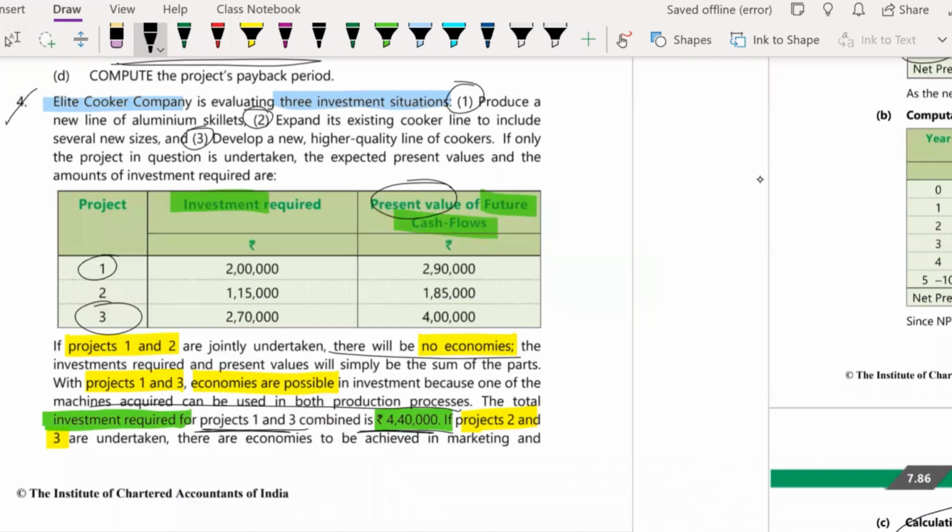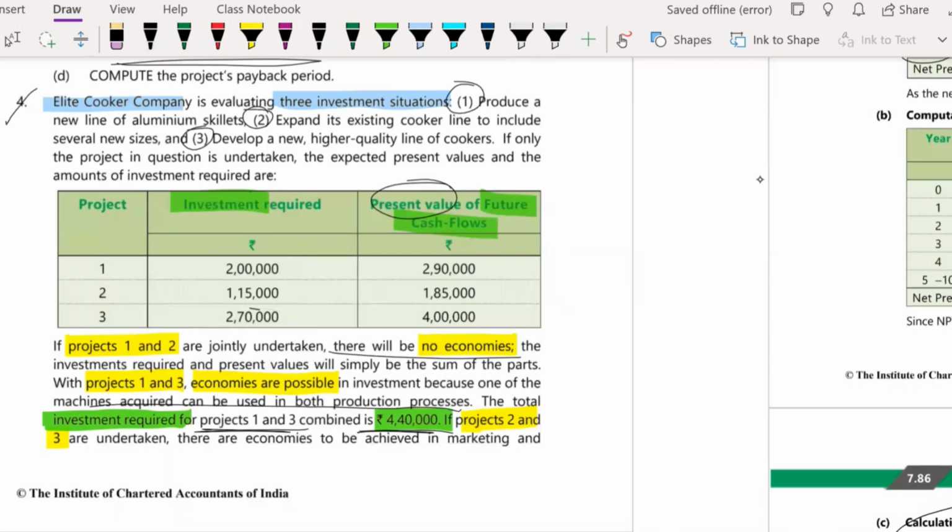Normally, if taken up separately, the investment would be 2 lakh plus 2,70,000, which is 4,70,000. But since both projects are taken up together, the total cost will only be 4,40,000, which is a benefit to you.